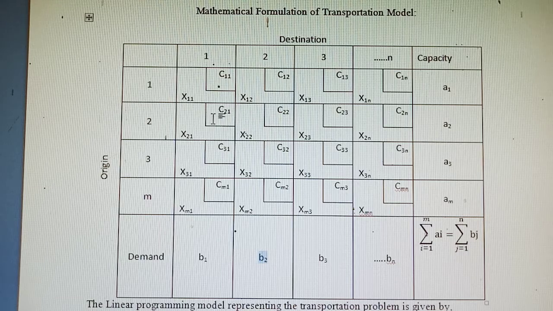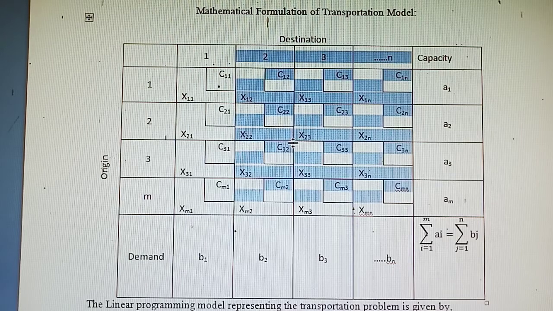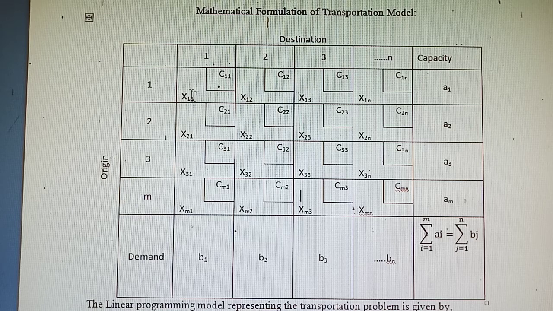At the same time you can continue row wise. Now it is row number 2, column number 1, C21, C22, C23 and C2n, up to n. And at the same time, it is the first column, second column, third column. Then up to that extent we have to go, taking the required cost.